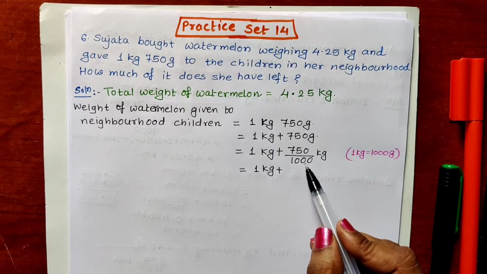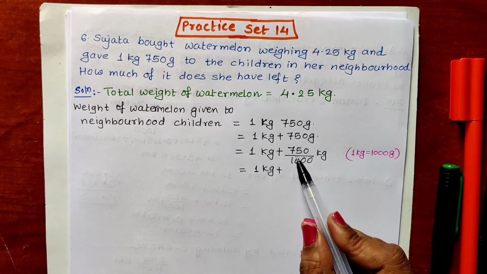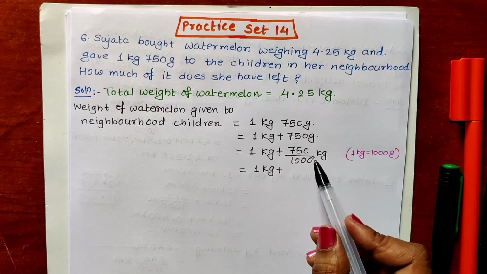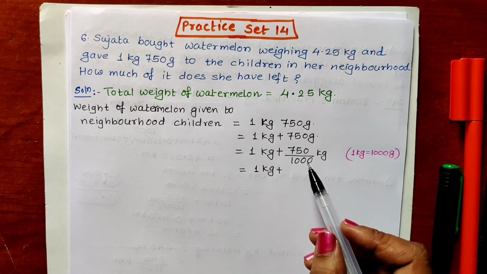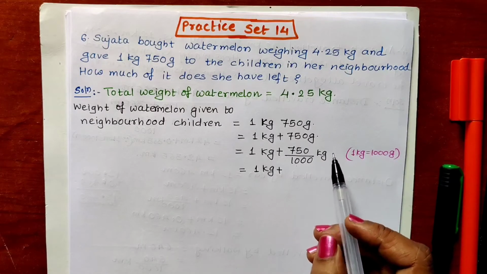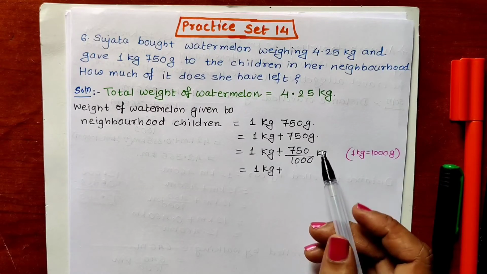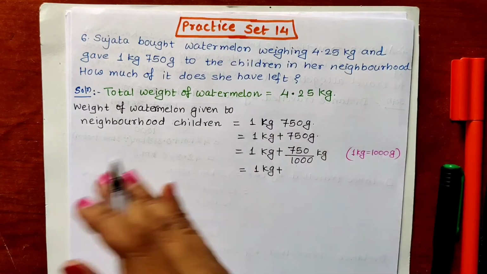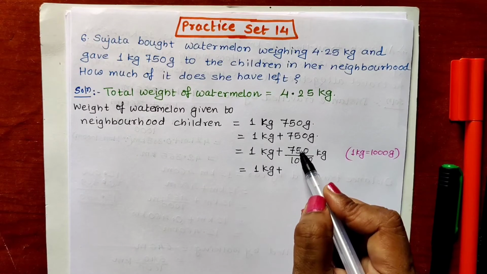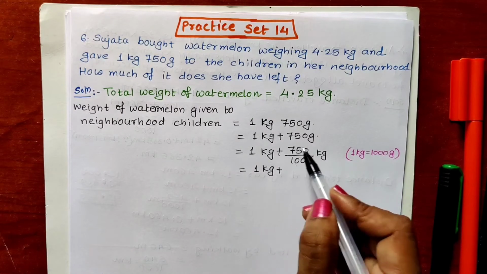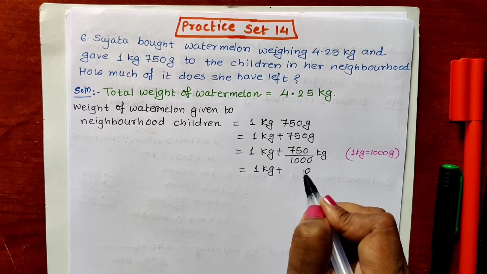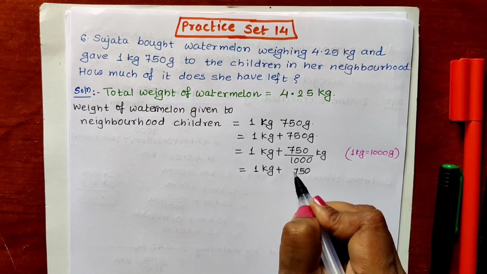In 1000 three zeros are there, so while writing into decimal fraction we have to see that after the decimal point there should be 3 digits. Start counting from right towards the left. So 1, 2, 3. 3 digits are there.